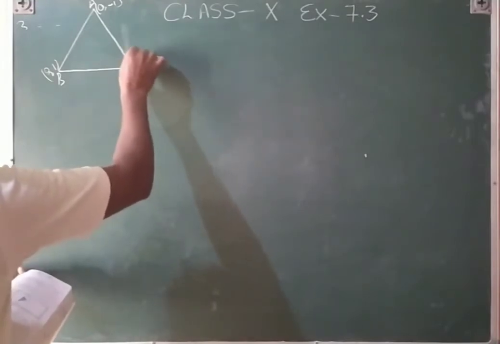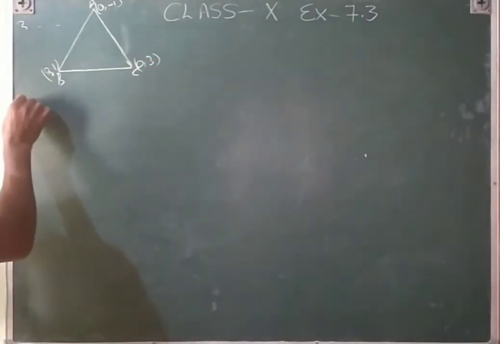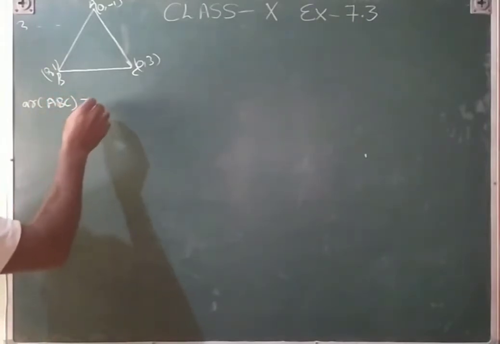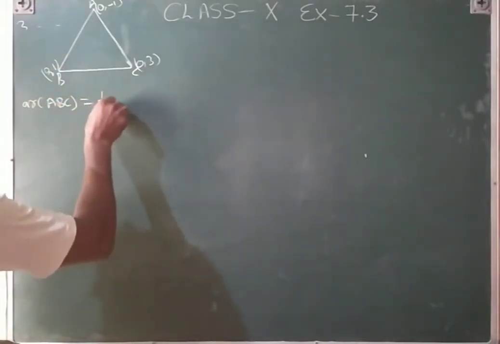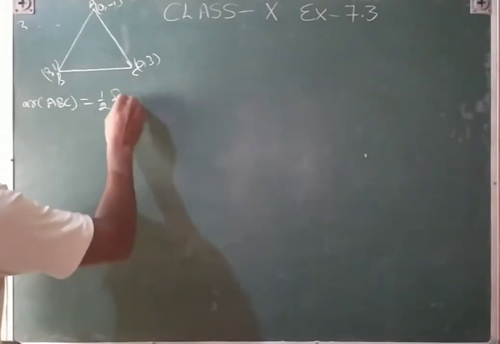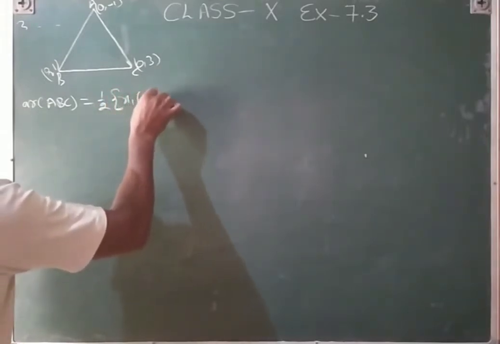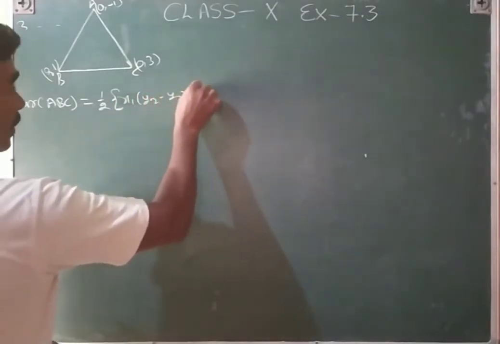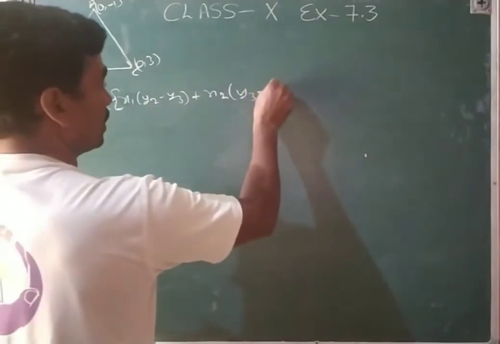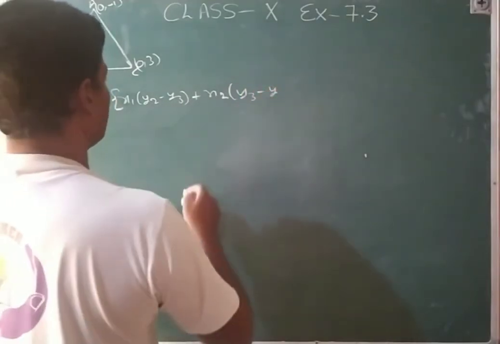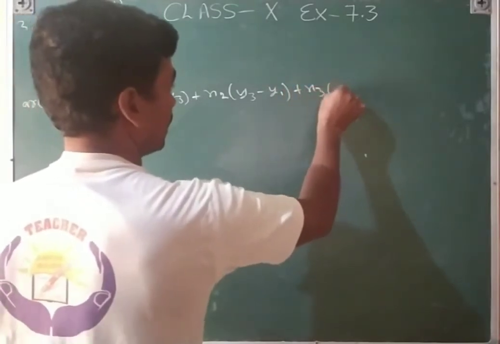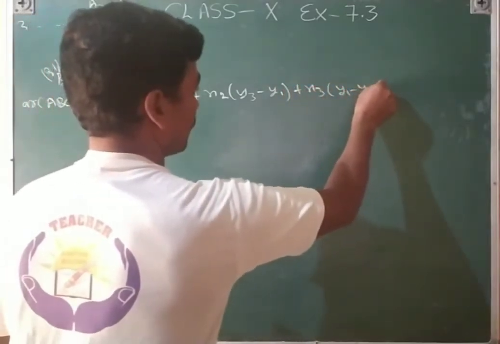First of all we find the area of ABC, which is the same formula: 1 upon 2 {x1(y2 - y3) + x2(y3 - y1) + x3(y1 - y2)}.